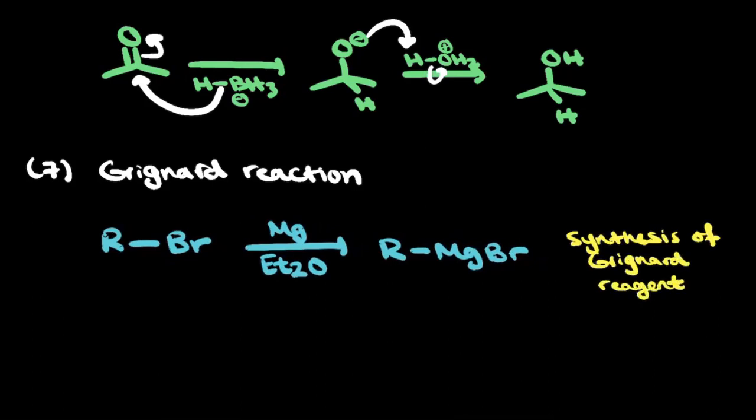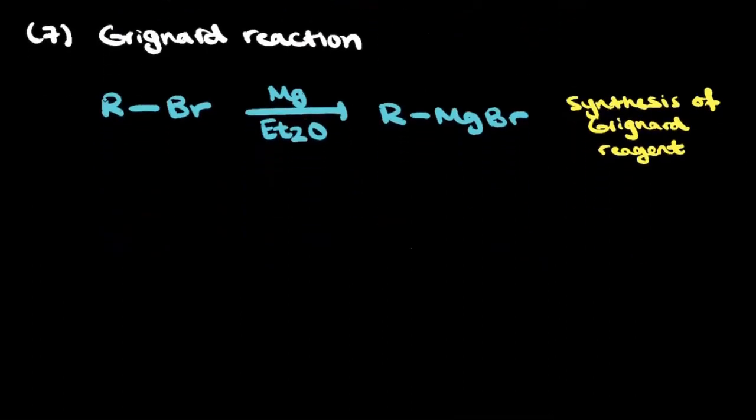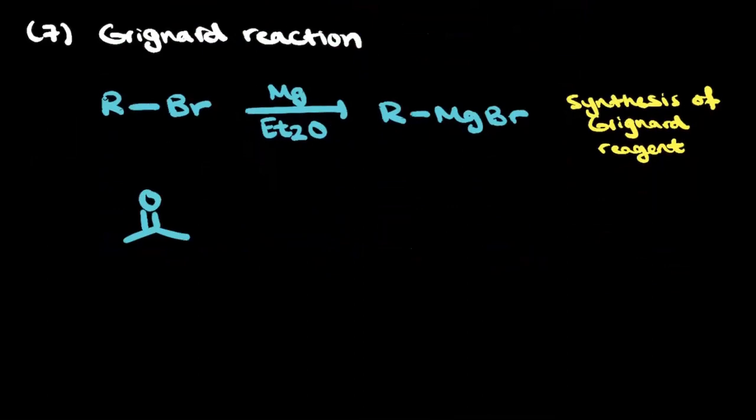Now, for the actual reaction itself, you're going to take a ketone or an aldehyde. Grignard's going to work differently for different types of carbonyls, FYI. But for ketones and aldehydes, it works the same, where you take some sort of alkyl magnesium bromide.